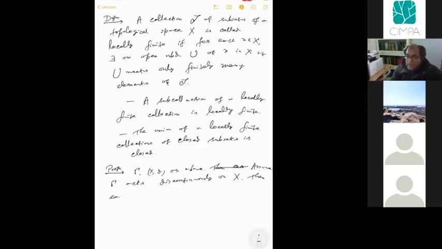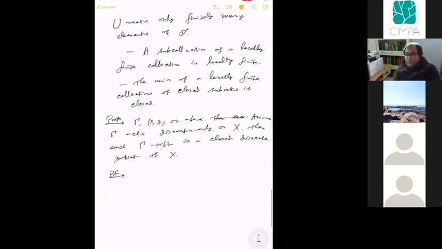Then each Γ-orbit is a closed discrete subset of X. Let us quickly prove this.